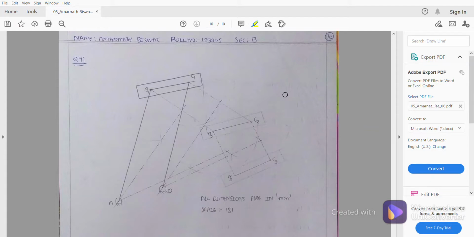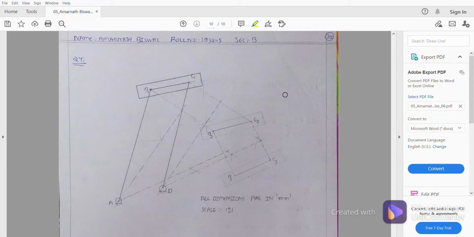So this mechanism synthesis is based on what I have explained, our required job. It will fulfill our required job. For that we imagine 2 points, minimum 2 points, on the rigid body.